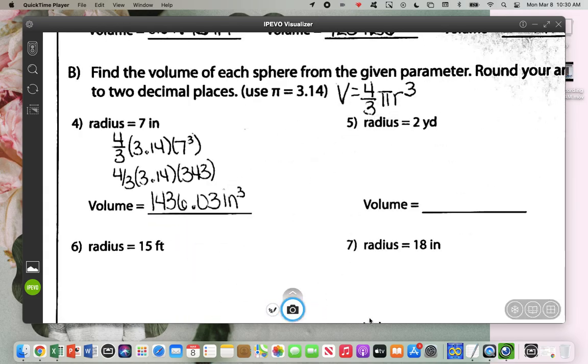What do you guys think? Look at my final answer. Do you guys agree or disagree with my decimal?